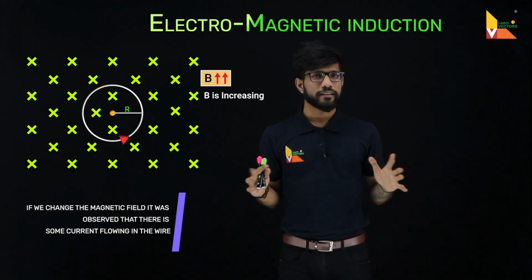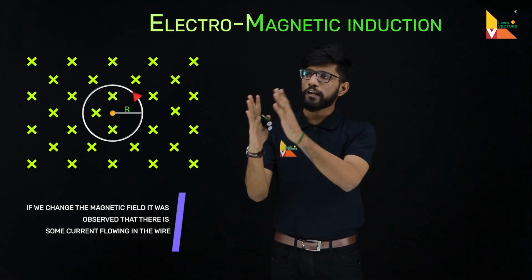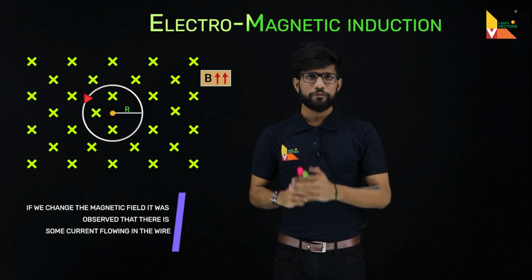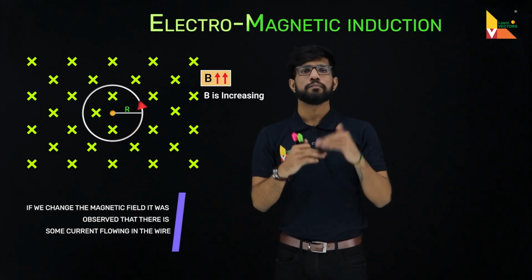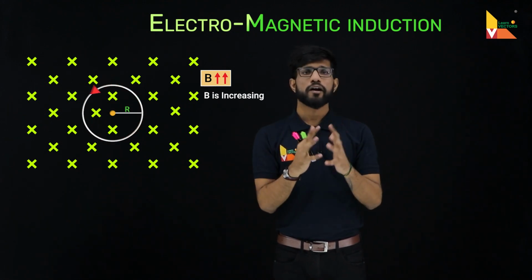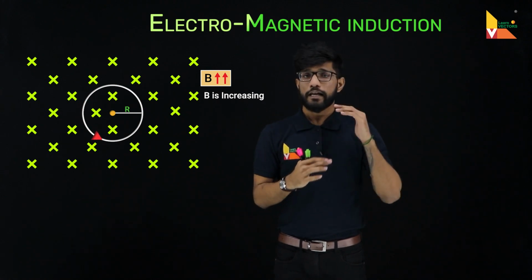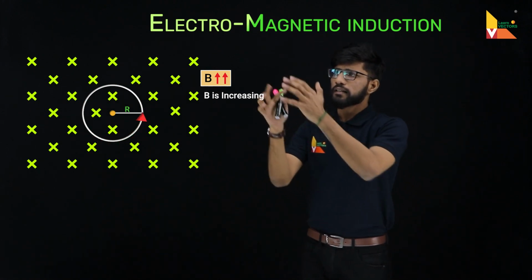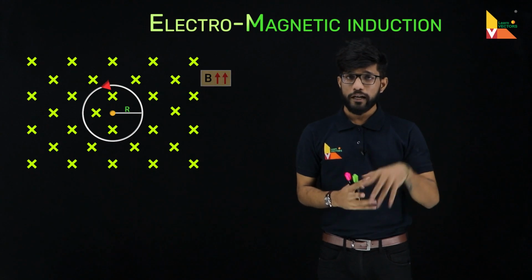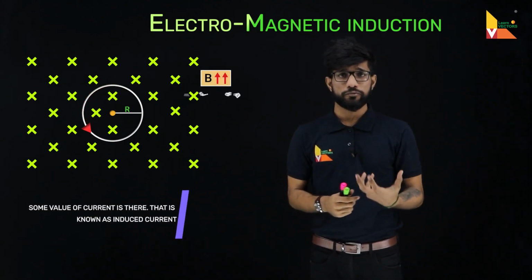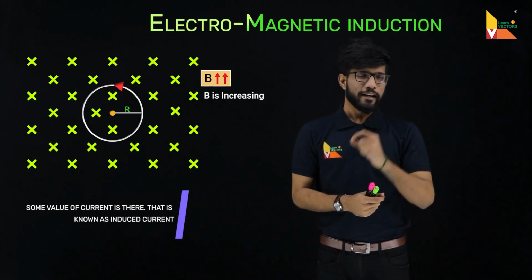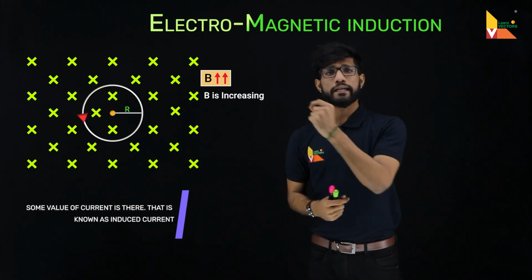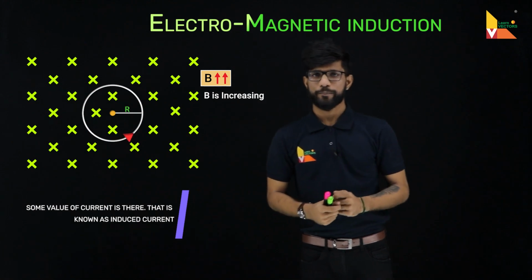I didn't do anything, I just changed the value of the magnetic field in which the loop was kept. Somehow I am changing it, and I observed some current in that loop. That means the current was induced, and we will call it induced current.